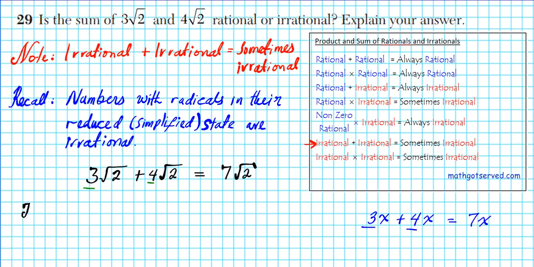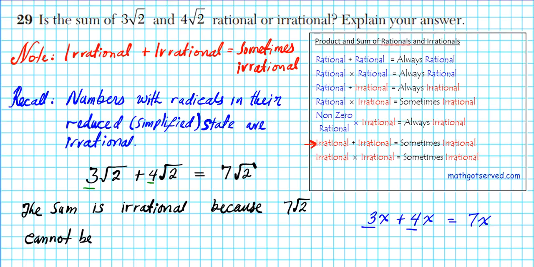The sum, you see how I'm starting from what the question asked? The sum is irrational. Why? Because 7 root 2, the answer, cannot be expressed as what? What makes a number rational? It can be written as a quotient of two integers, right?